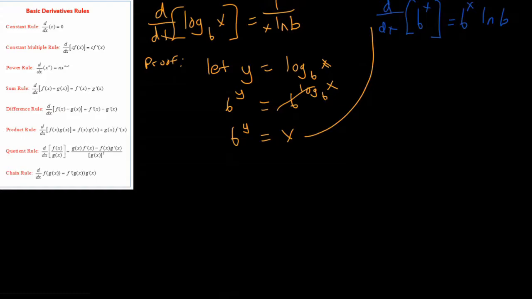So if we apply this formula to b to the y here, if we implicitly differentiate, since it's b to the x, we would say we have b to the y times ln b.